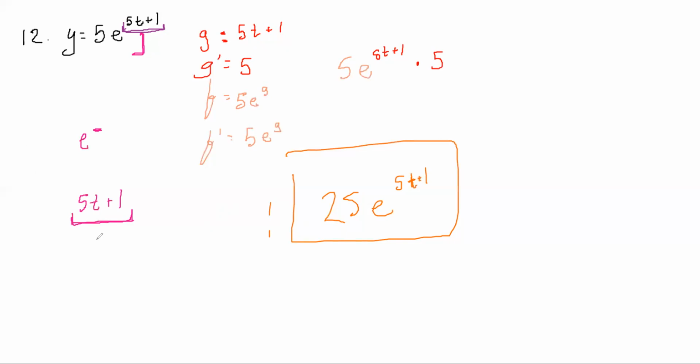So if we were to have said that g is equal to e to the 5t plus 1, and we did say mistakenly that g prime is equal to 5e to the 5t plus 1, then we would have ended up with a much longer answer here. But yeah, a more complicated answer. Okay.